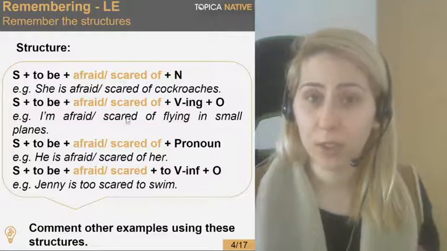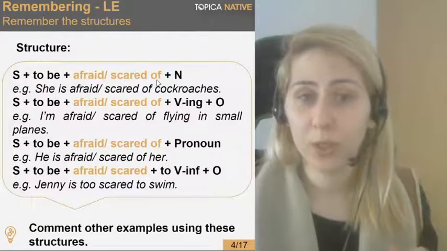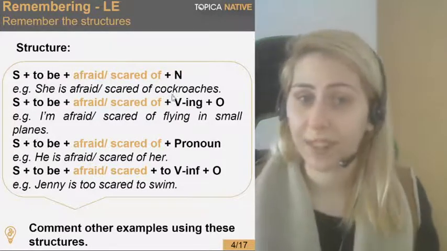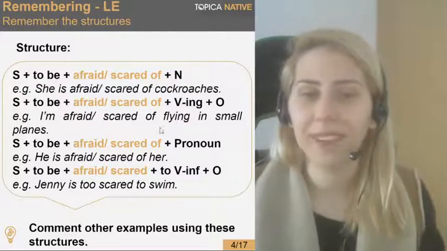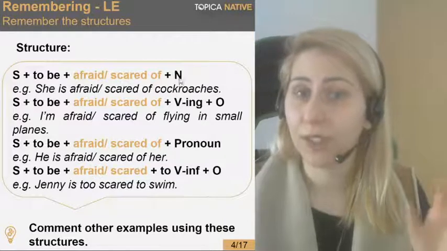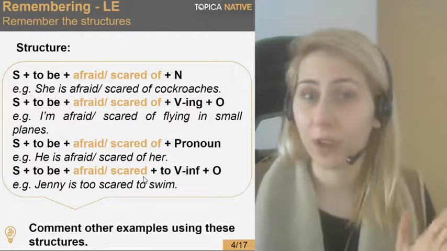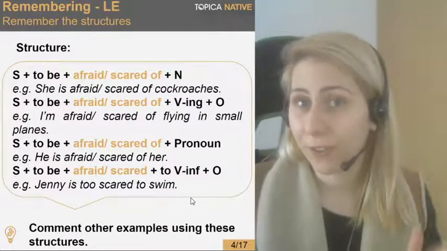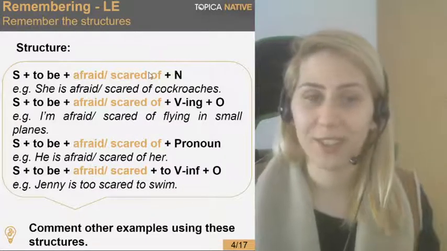The first three structures have the preposition of, so we would always use of after afraid or scared, of something, doing something, or someone when we use a pronoun. In the last one, we don't have the preposition of, we have a preposition to, because we are using the infinitive form. Just wanted to pull your attention to this.